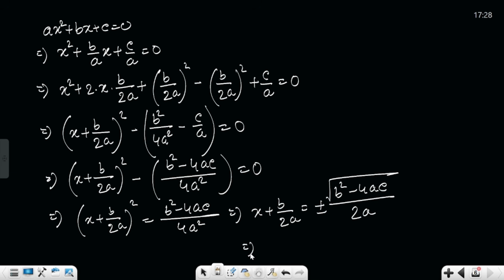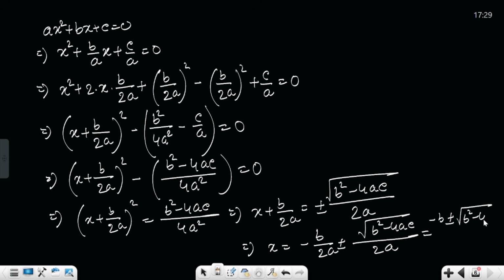So from here you can say that x is equal to minus b by 2a plus minus root of b square minus 4ac upon 2a. So we can write this as x equal to minus b plus minus root of b square minus 4ac, upon 2a.